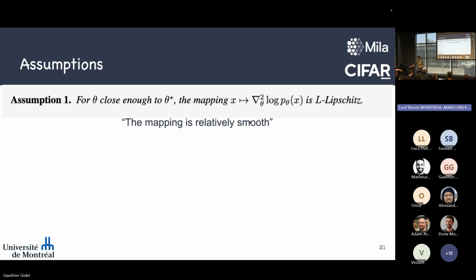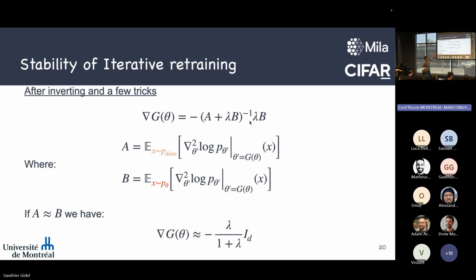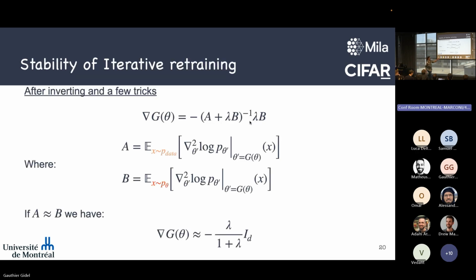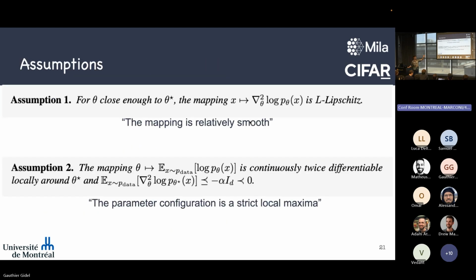So even when they are not equal, because at the optimum they will be very close, we will ensure that in the neighborhood they will be very close, and so in the end this matrix will be equal to that, which we are happy with, plus some error terms that we can control thanks to the Lipschitzness of the functions.